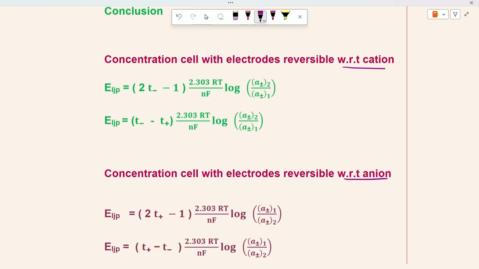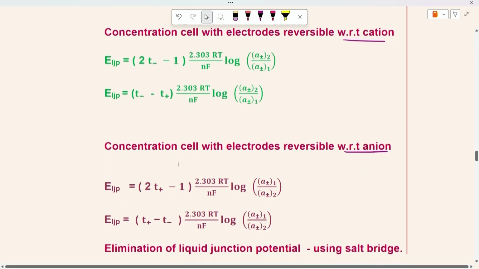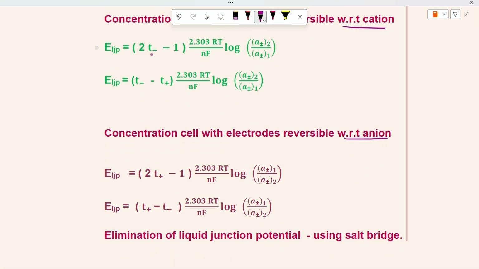This is the case for cation. In the case of anion, wherever you have a t minus, you will have a t plus. So here in the bracket you will have 2t plus minus 1, and the rest of the equation is the same, and instead of t minus minus t plus, you will have t plus minus t minus.